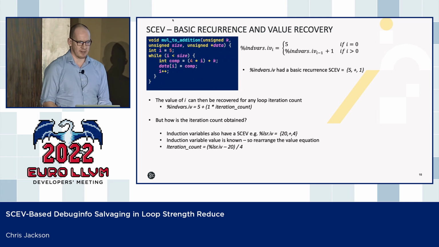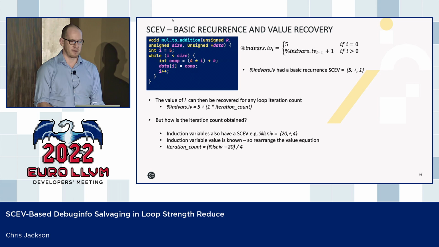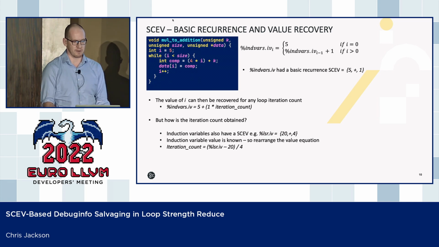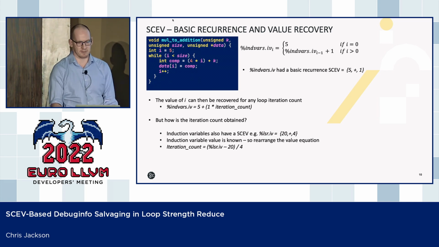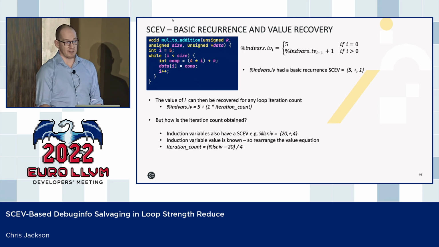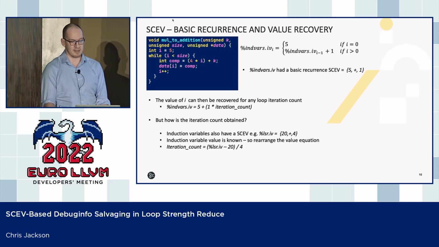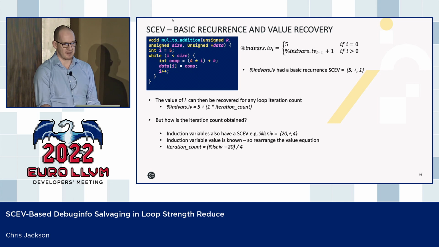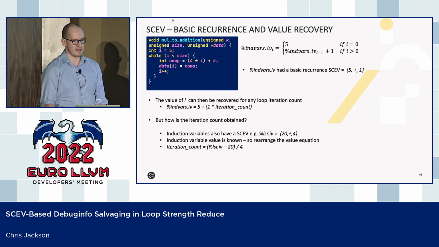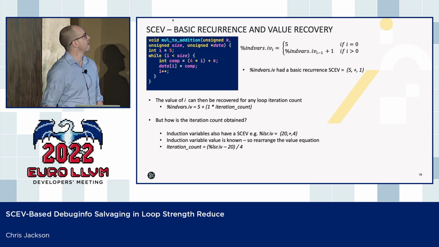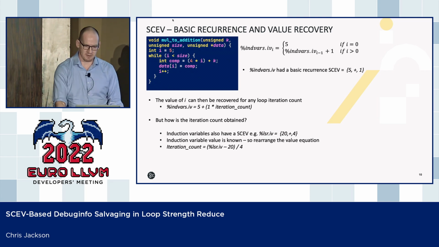So if you recall from the example, invars.iv mapped to the source variable i, which is also the source induction variable and something we'd be keen to have whilst debugging. We saw on the earlier slide that it was optimized out and to some extent replaced by the LSR induction variable, lsr.iv. Now, don't worry about how exactly the SCEV expression that I have there is derived.